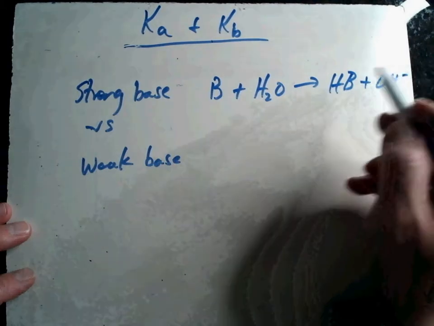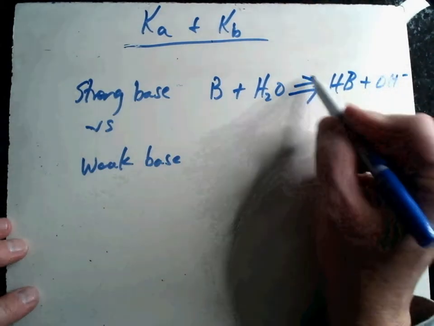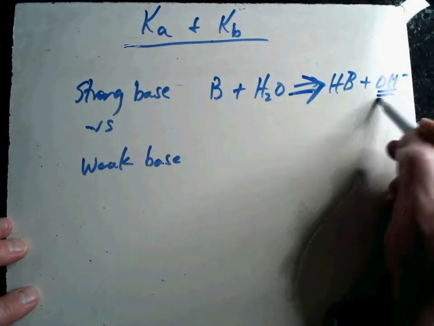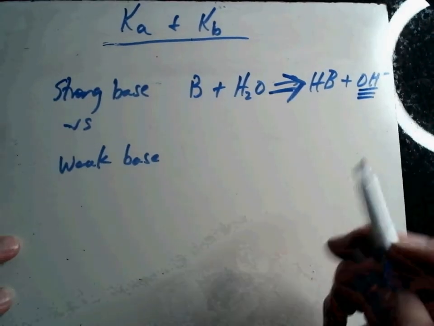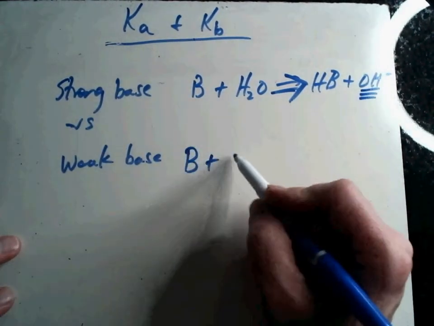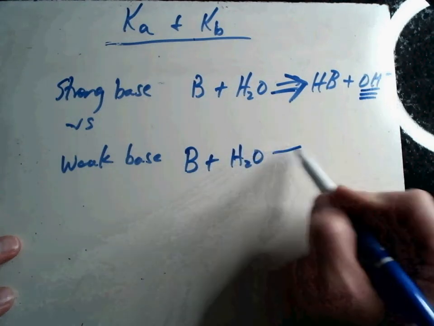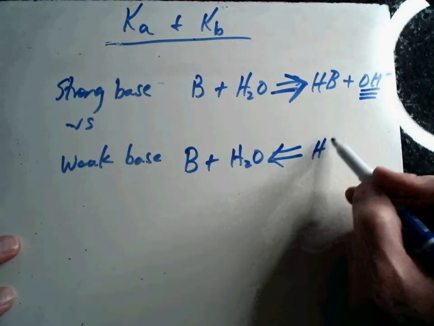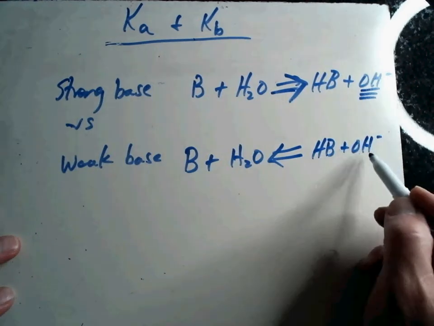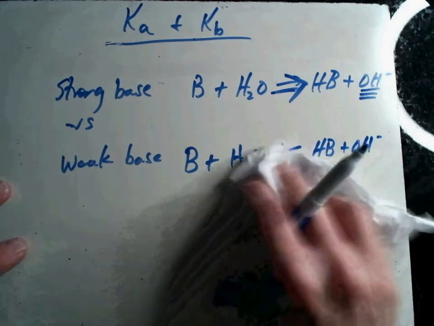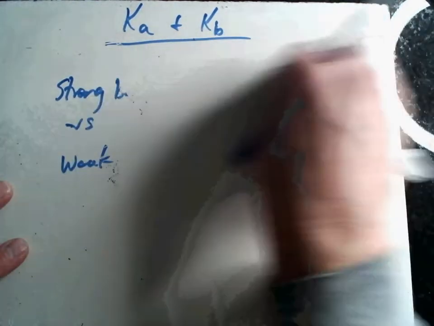In a strong base, it's going to go really far this way. There's the base property. Do you see it? OH minus. For a weak base, when you put it into water, it's really going to stay in this form. A little of it does this, but you just don't have enough made for it to be strong enough. Okay, so it's the same reasoning. The particles are different. An H compared to an OH.